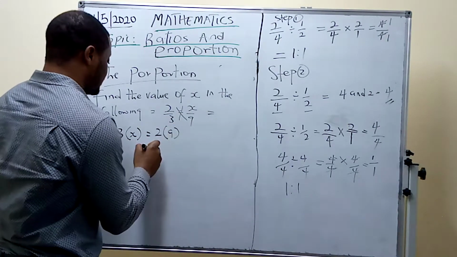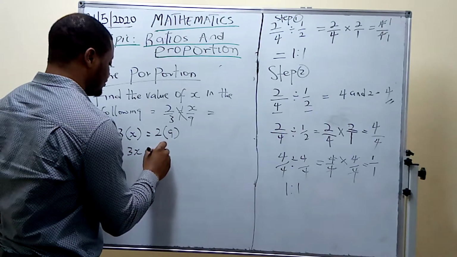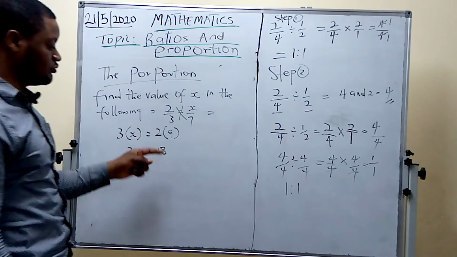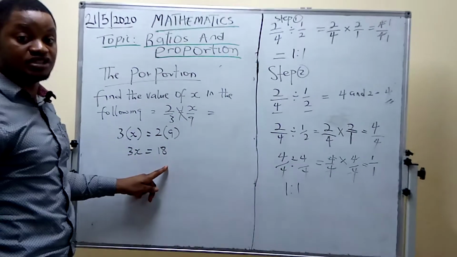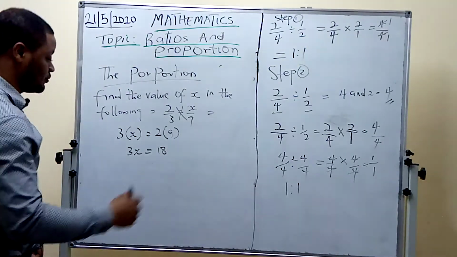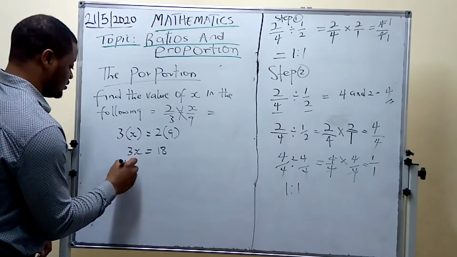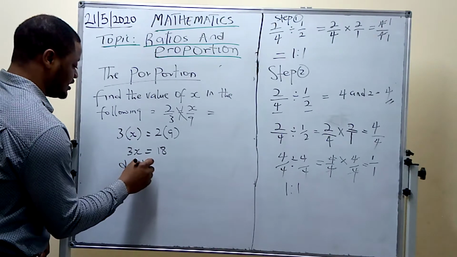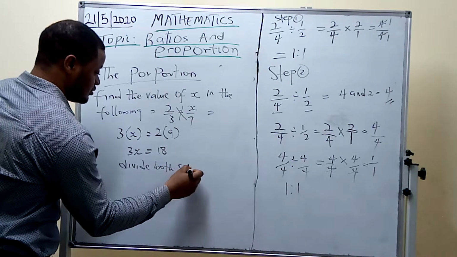We open the bracket, we have 3x and then 18, which is 3 times x is what? 3x. 2 times 9 is what? 18. Now we divide both sides by 3.